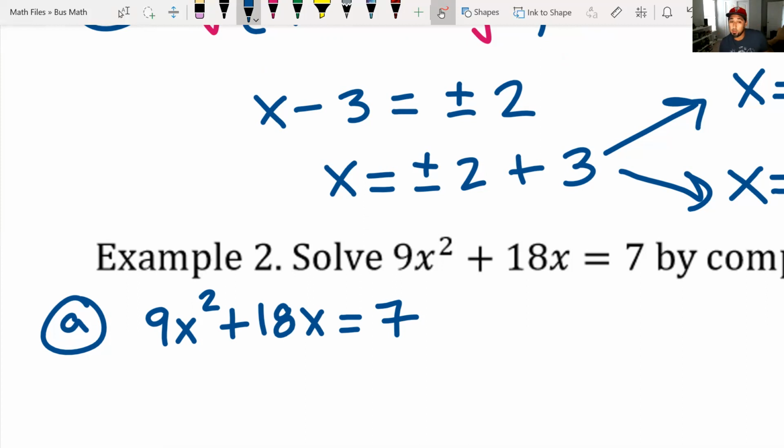The only thing we have to worry about is that the leading coefficient is actually 9. The leading coefficient is 9. So in order to complete the square, we need that leading coefficient to become 1. So what we're going to do is factor out the 9.